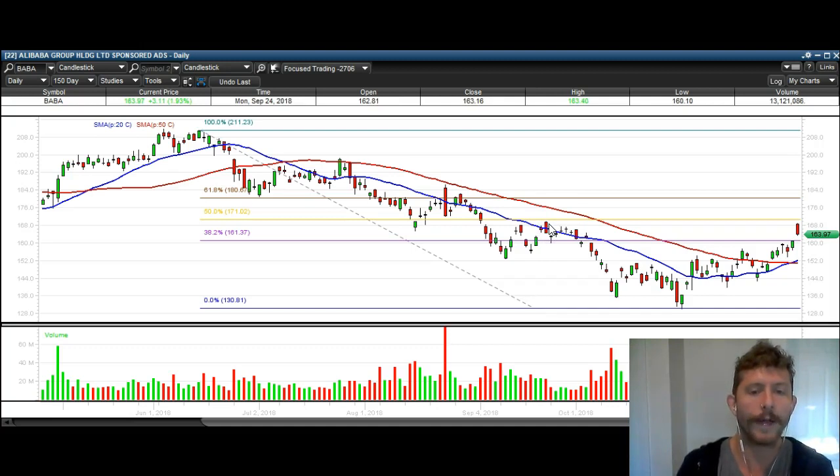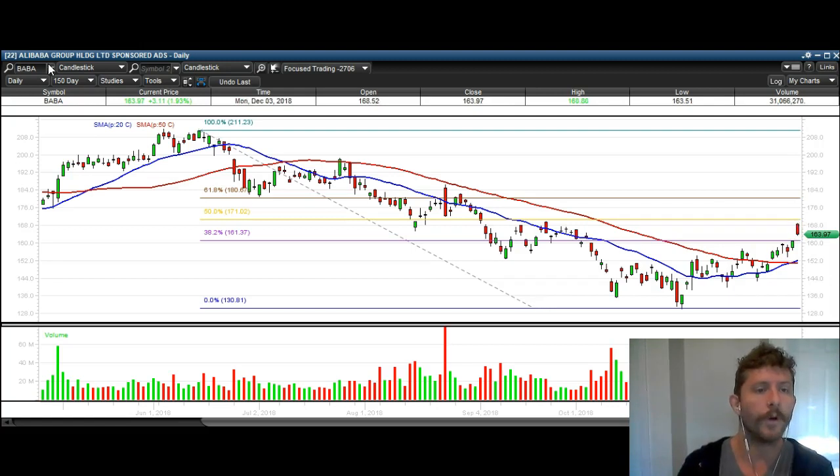And overall, guys, we are in a downtrend here for Alibaba. I definitely think it can head higher. I'm not saying it can't head higher, but you got to remember when you're trading, this is a counter trend trade. Okay, it's been in a downtrend for a while now, so that's something to remember. So that's why we're not letting it run as much as we would maybe another stock.